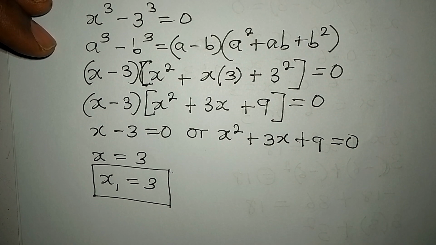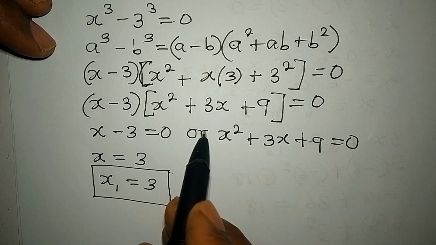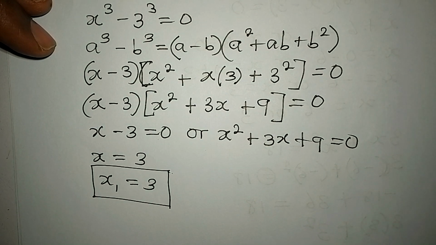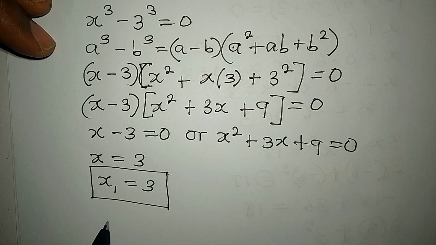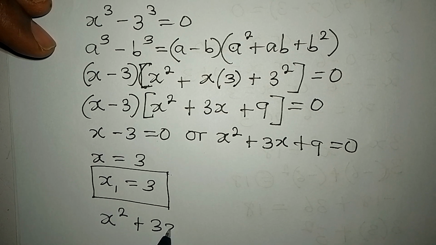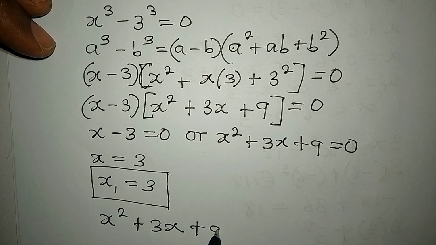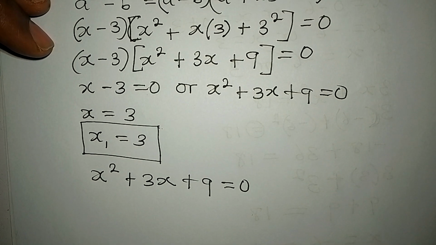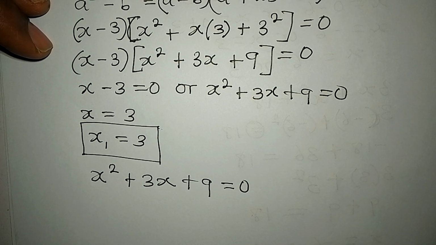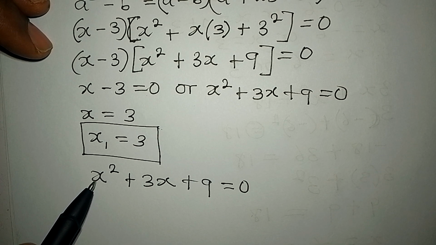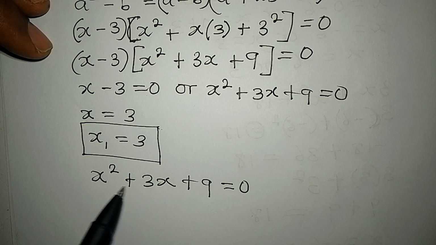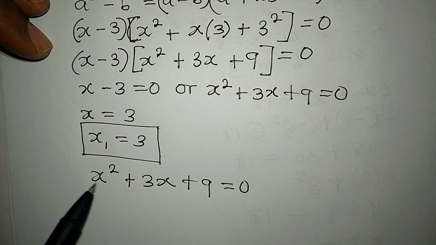Now let's get the other values of x, and we're going to get them from this quadratic equation. We got x squared plus 3x plus 9 equals 0. Now I call this a quadratic equation because of three things, right? Number one, we have the unknown variable, which is x, in the equation.